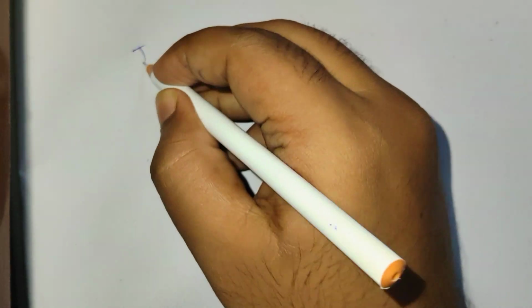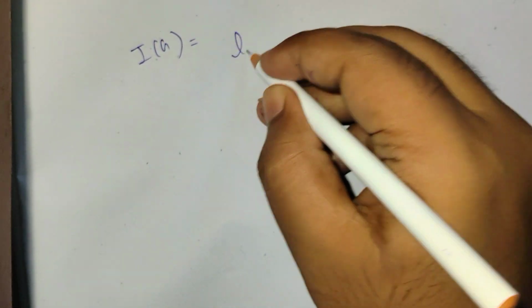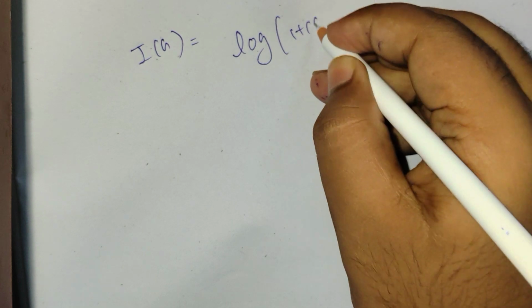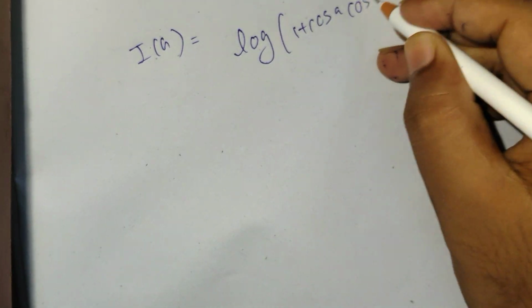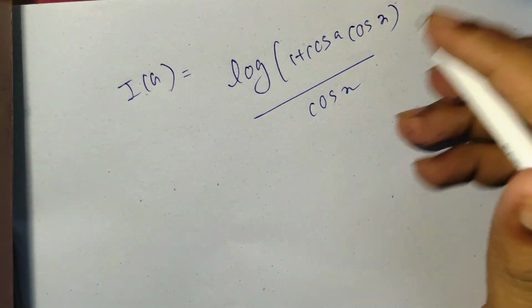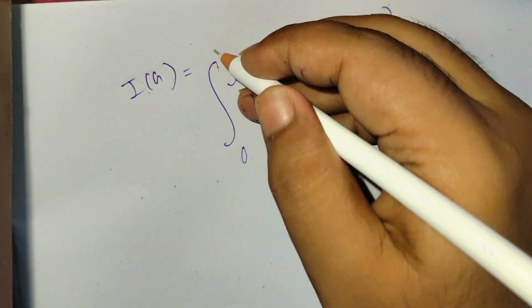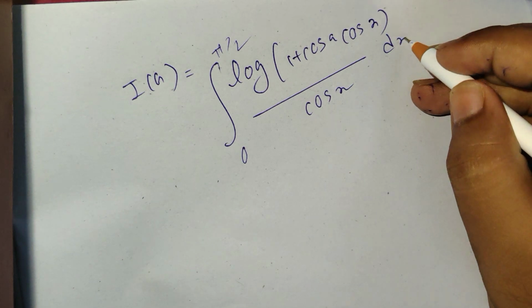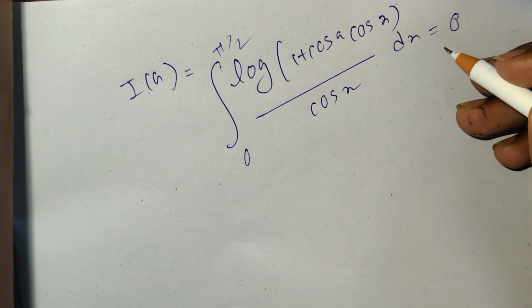Now it is given that IA is equals to integral of log of (1 plus cos a cos x) by cos x, from 0 to pi by 2 dx, and we have to equate it with 0, hopefully it is visible.